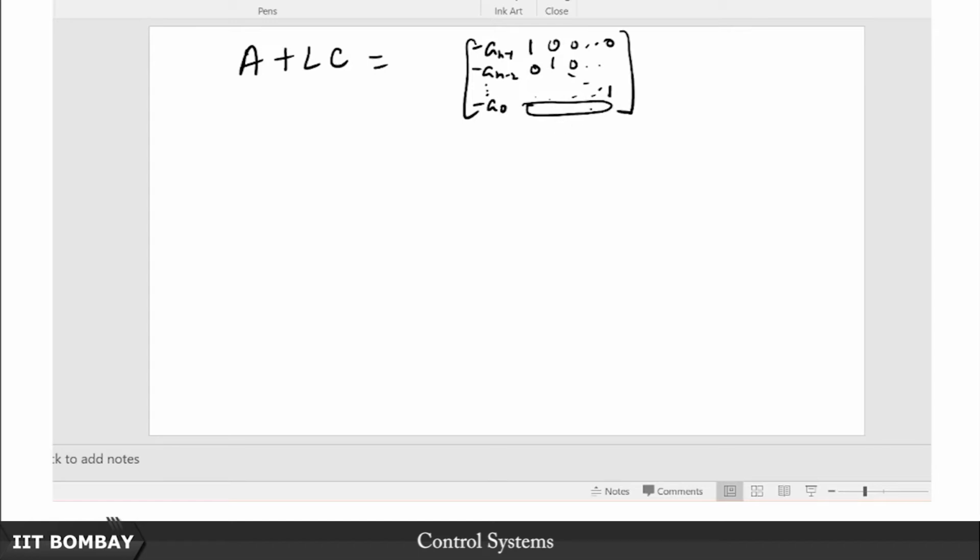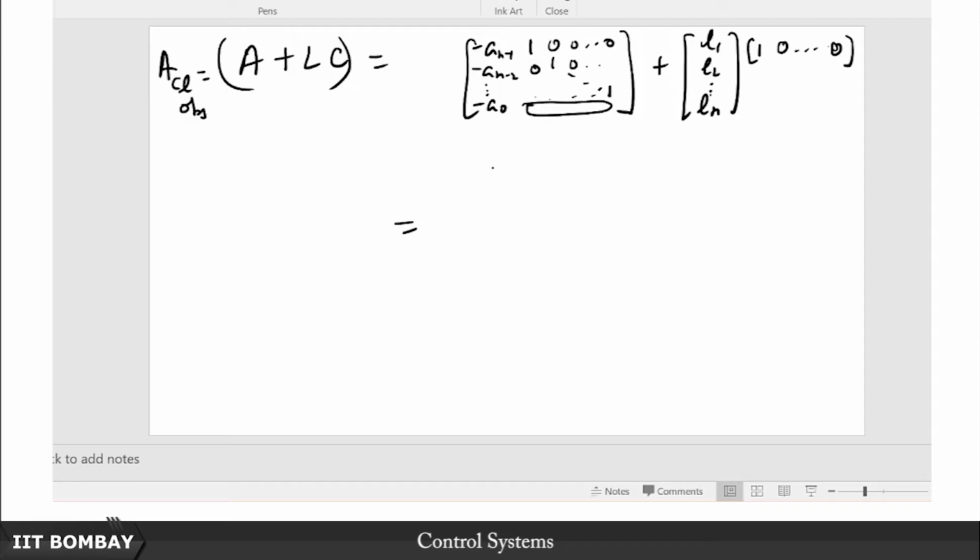Now this is going to be A plus, now my L is L1 L2 dot dot dot till Ln times the C matrix, which is 1 0 0 0 0. So what happens? This is my observer's closed loop, no? The closed loop observer is this, and this allows me to read off the observer gains in exactly the same fashion, very straightforward.